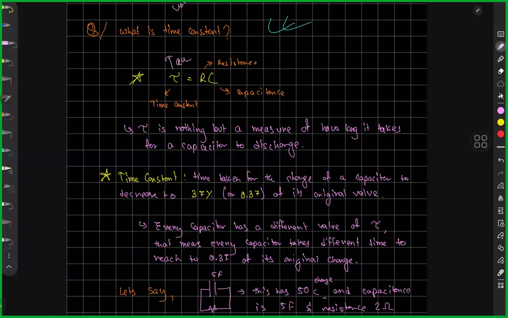When tau is large, that means a longer time is needed for complete discharge of a capacitor. And think about it logically. I have a capacitor connected to a resistor. Let's say it's just discharging. This capacitor had 12 volts, fully charged, and now it's discharging.